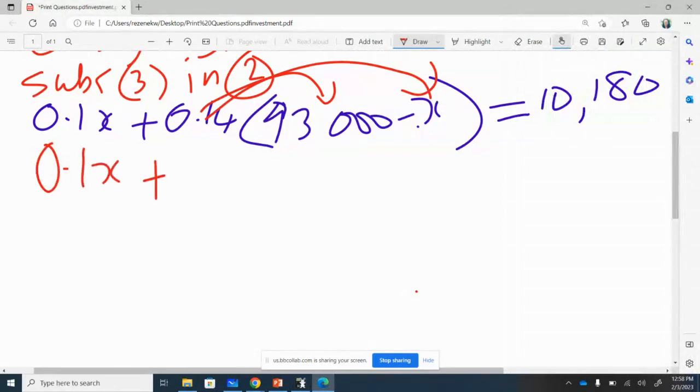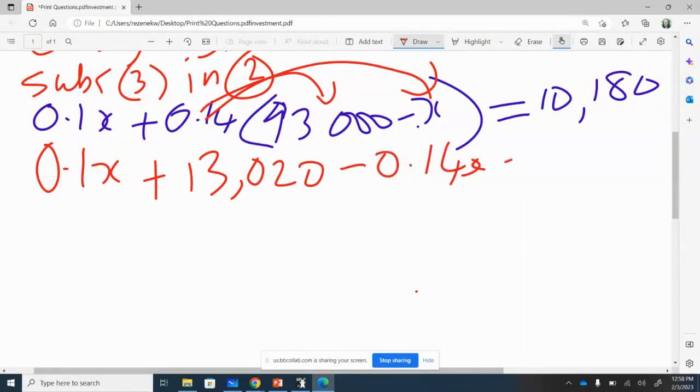So, bring down 0.1x plus 13,020. Okay, 0.14 multiplied by negative x is negative 0.14x, is equal to 10,180 on the right. Collect like terms.